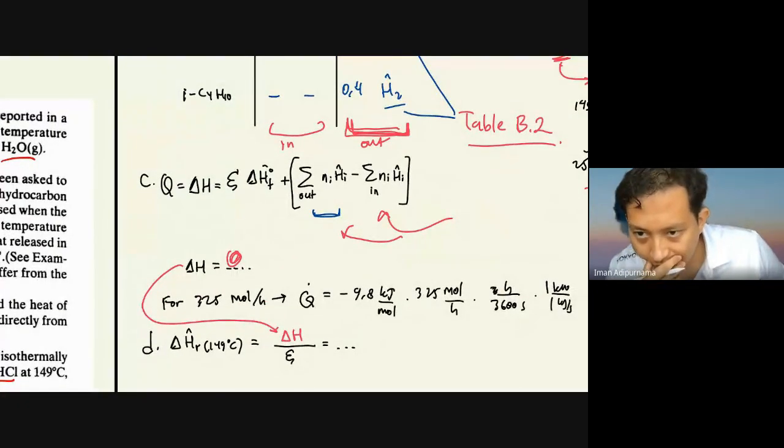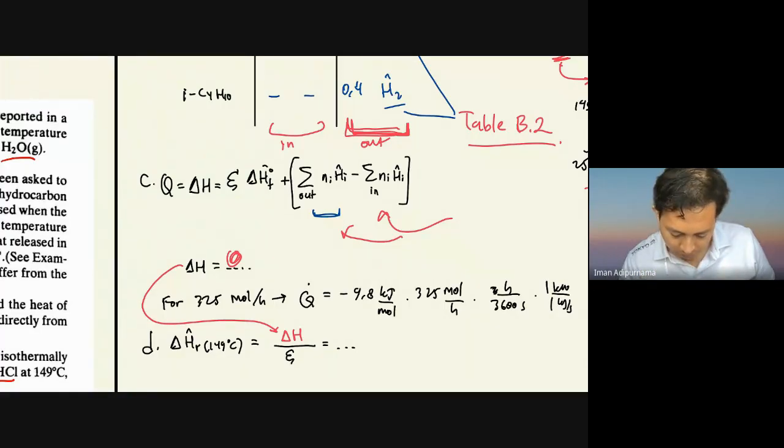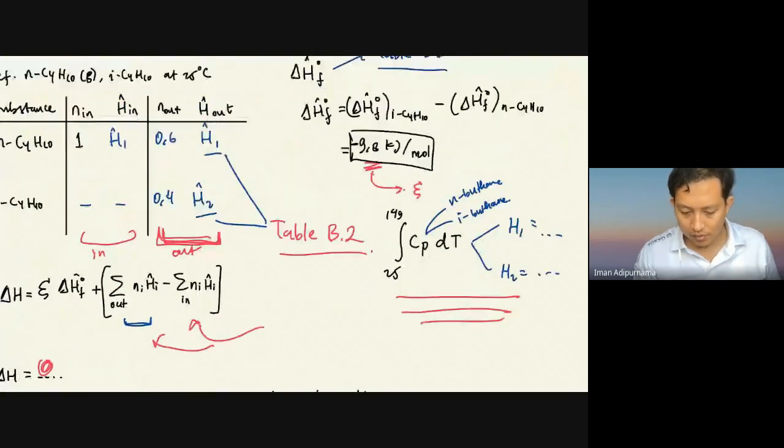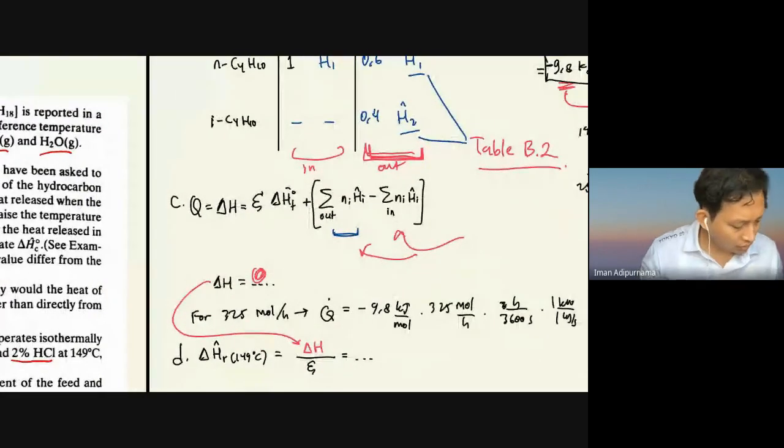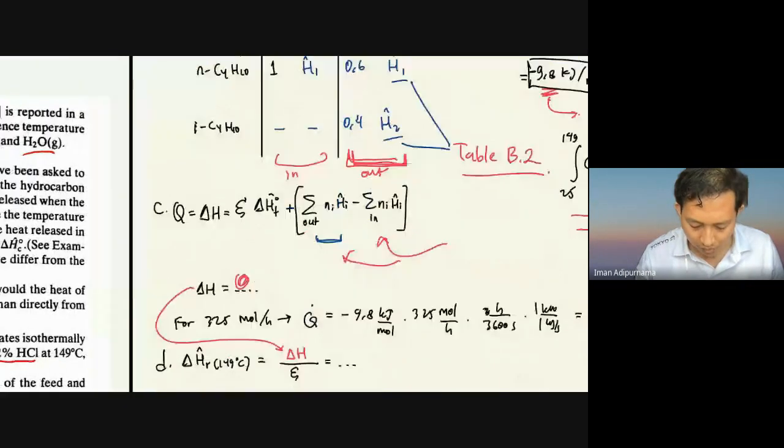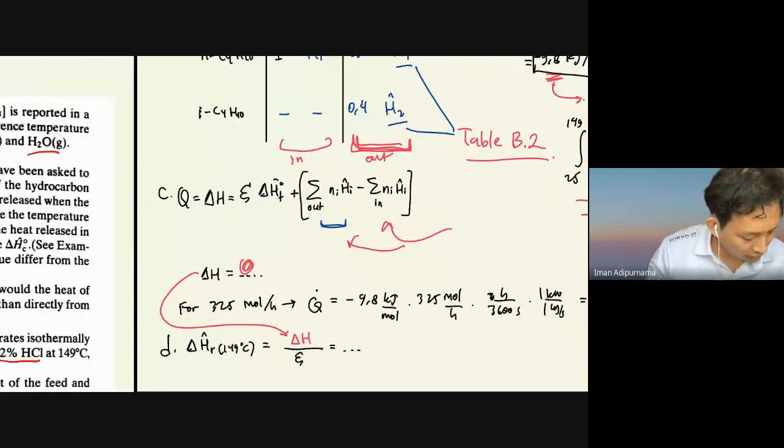Let me check. Am I correct? Yes, you need to look at the questions carefully. Sometimes it's a little tricky to understand the questions. Use your calculated result to determine the heat of isomerization reaction. So you need to check the delta H from the result that you get from part C, calculate the required heat transfer.